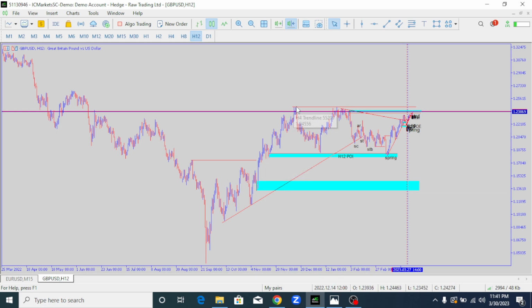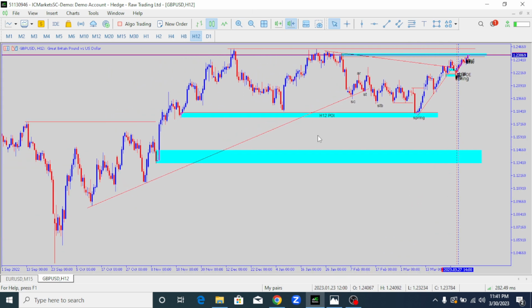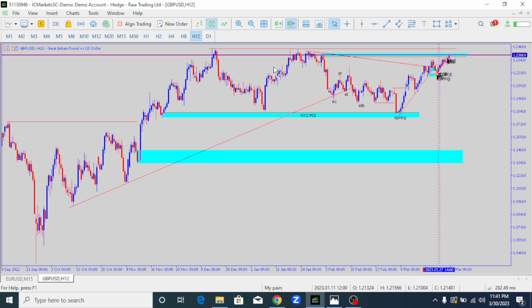So I expected a deeper retracement before the price continued to the upside, and I also expected the manipulation of this trend line. So guys, yes, the price did sweep a little bit to the upside, but I consider these relative equal highs.